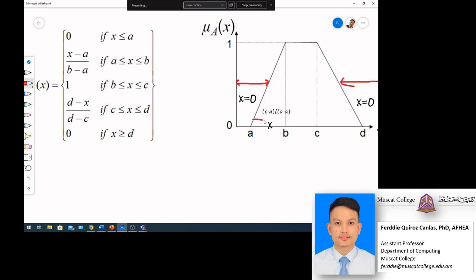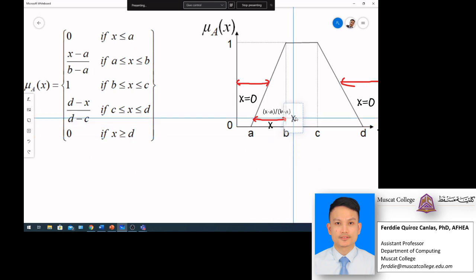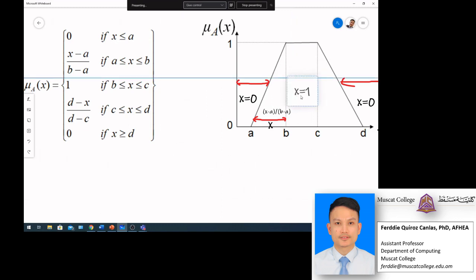So if it is here, the formula is like that. If x is located in between b and c, x becomes automatically equal to 1. Okay, so please remember this. If my x is here.